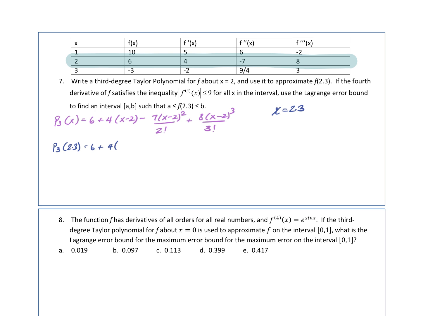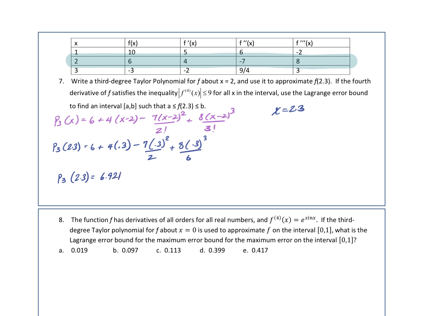You get 4 times 0.3 minus 7 times 0.3 squared over 2, and then plus 8 times 0.3 cubed over 6, if you want. So I left that there, and I did this on the calculator. I think I got 6.921. You could double check, but I think I plugged it into a calculator.